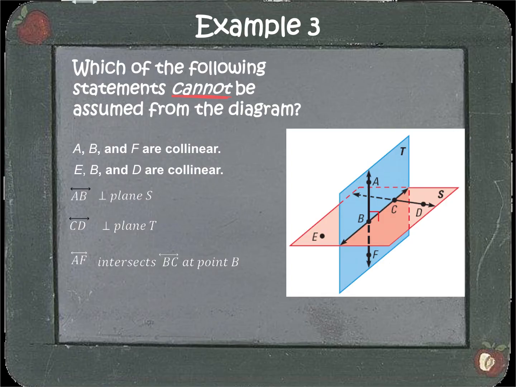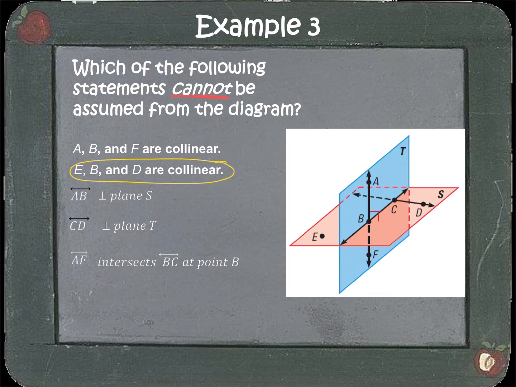Looking at the next one, E, B, and D are collinear. Already off the bat, I can see that E is not on the same line as B and D. So this one is one of them that I cannot assume. Why can I not assume it?